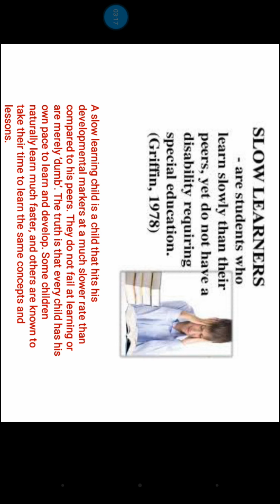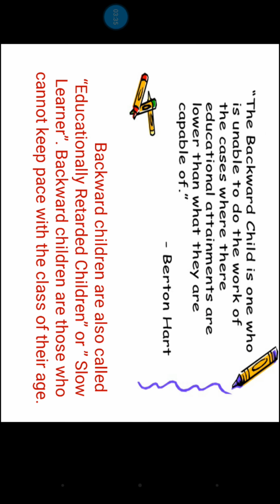Such students take extra time to learn the same concepts and lessons which are very well understood by their classmates. Backward children and slow learners are the same category. Backward children are those who cannot keep pace with the class of their age.